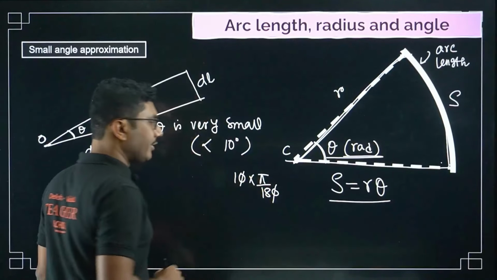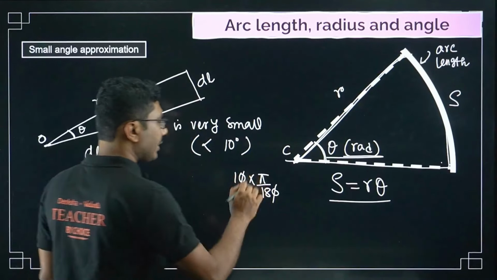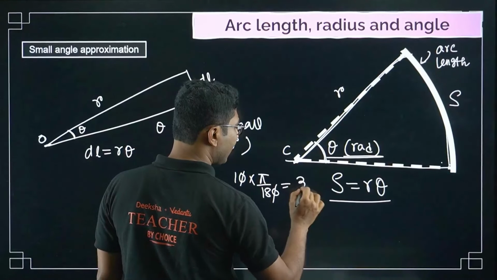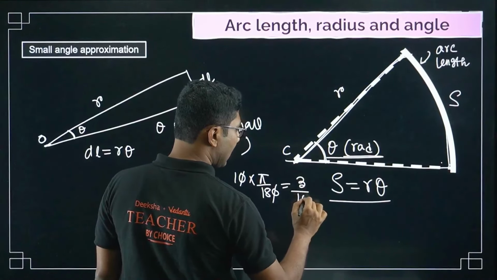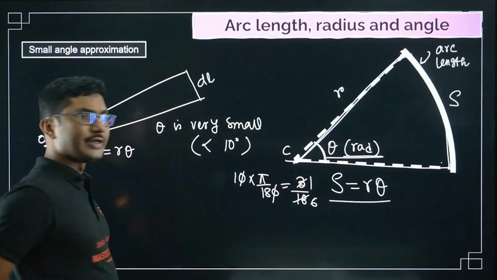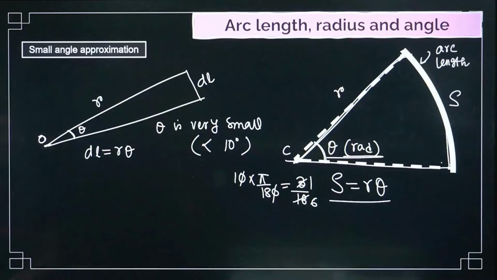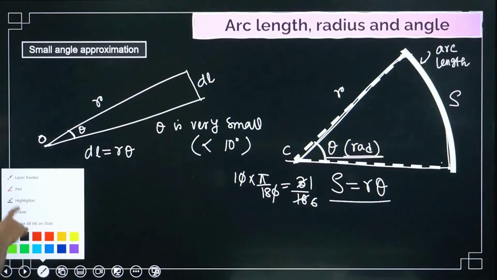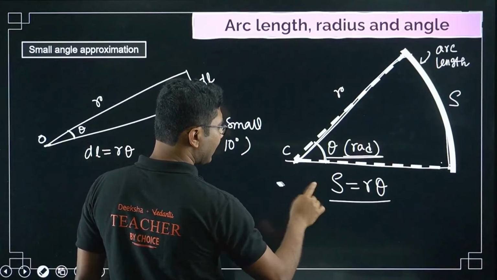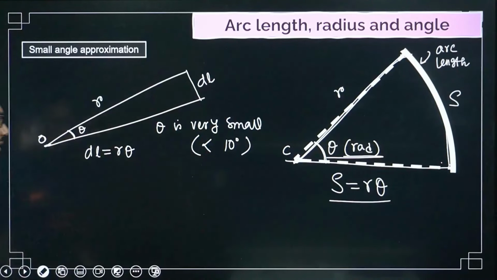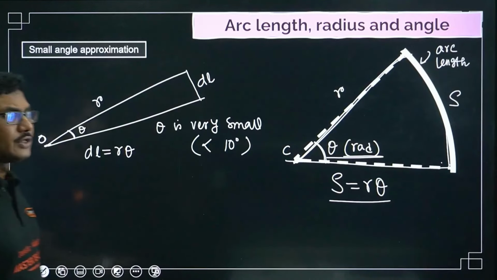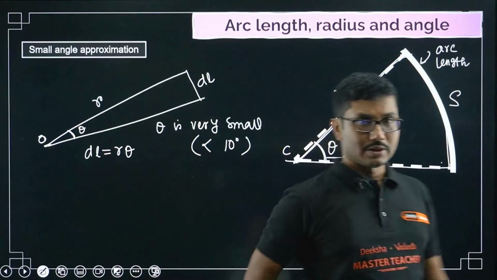If you take pi approximately as 3, it will be approximately 1 by 6 radians, because this angle is in radians. So you have to remember that if this value is less than 1 by 6 radians, generally we consider that angle to be small.